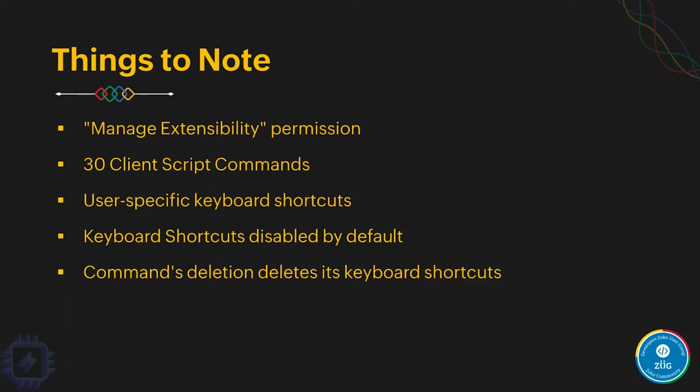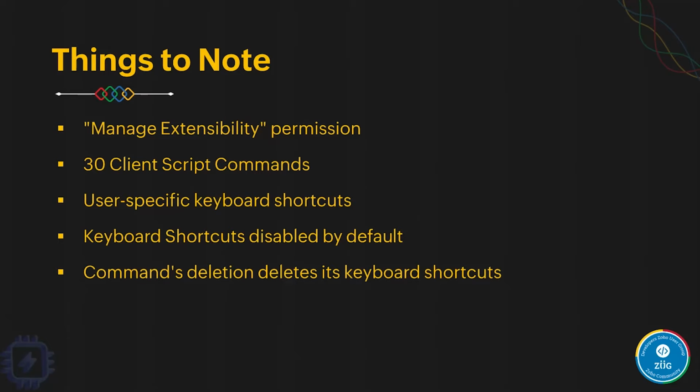And obviously, when keyboard shortcuts come into play, we don't want to be stuck to one keyboard shortcut. For example, I have an extension that I use that brings up this pasteboard. So I don't want my administrator to add a keyboard shortcut that clashes with my pasteboard shortcut, right? I'm very used to it and I use it everywhere. So after the client script command has been created, I can edit the keyboard shortcut to suit my convenience.